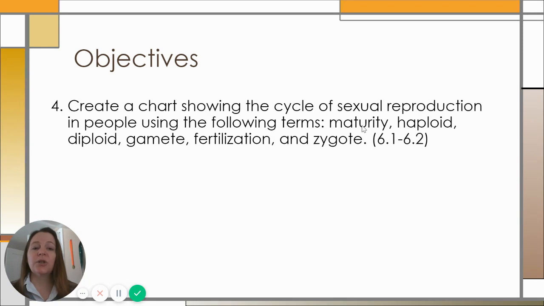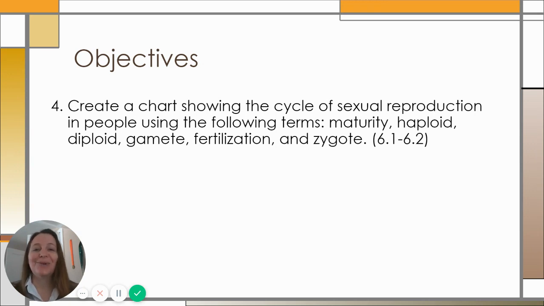We have to talk about maturity. If you remember all the way back to August, one of the characteristics of all living things is that they reach a point of maturity. And maturity is defined as the ability to create offspring. For humans, this is puberty, when you become physically ready to create offspring.